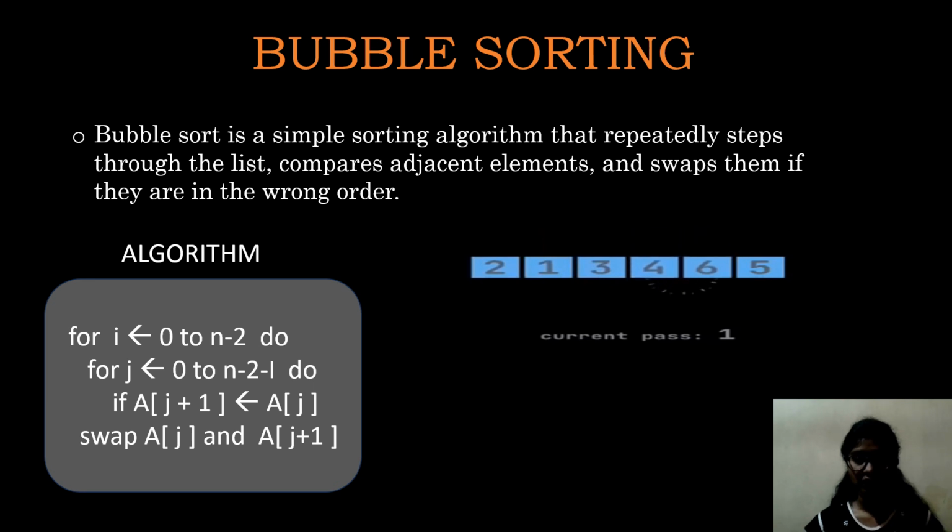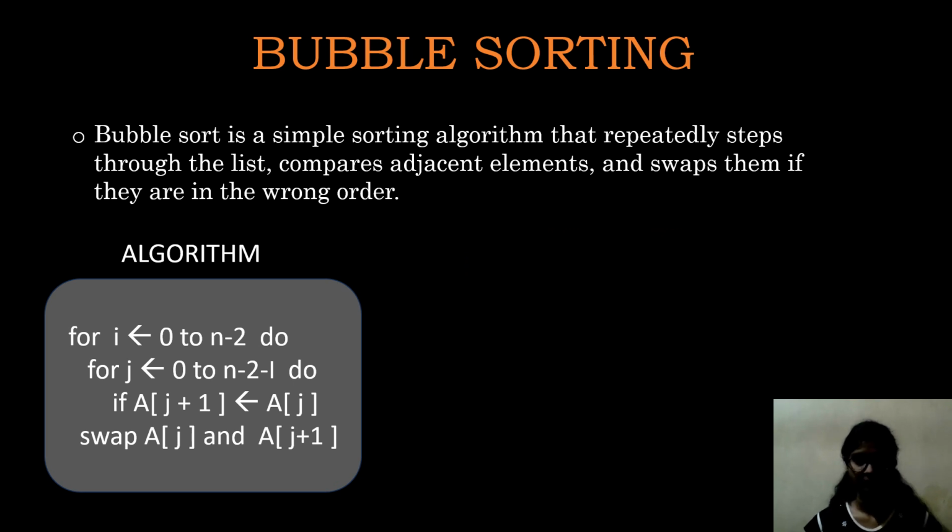It checks in passes. The first pass is completed, and now it is taking a second pass, and this is the third pass. It will continue until we get the correct order. So now this is the correct order.